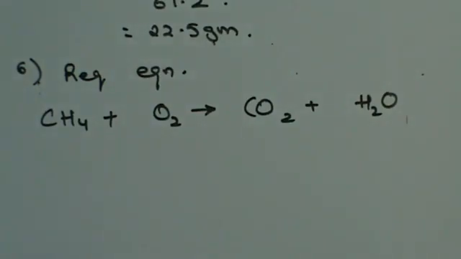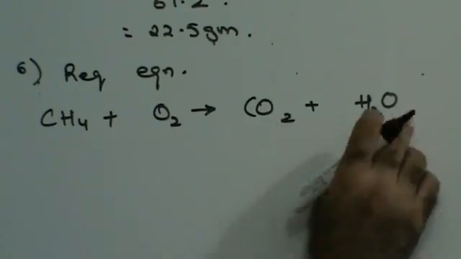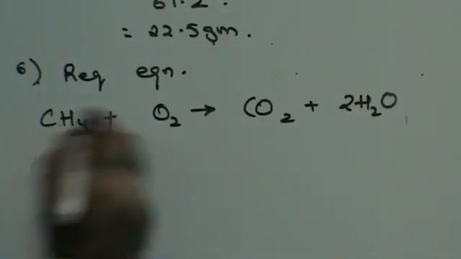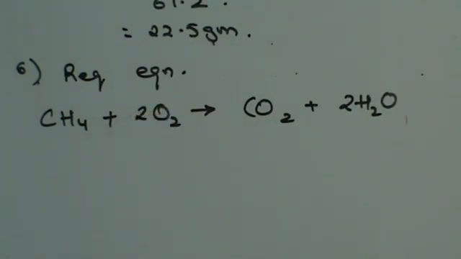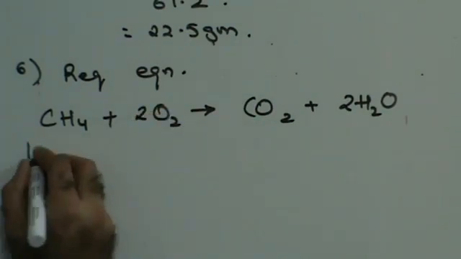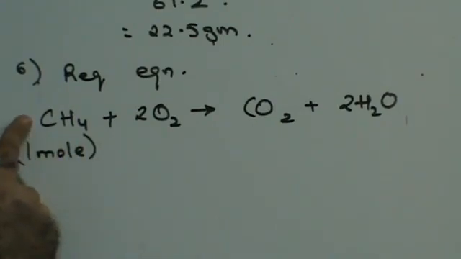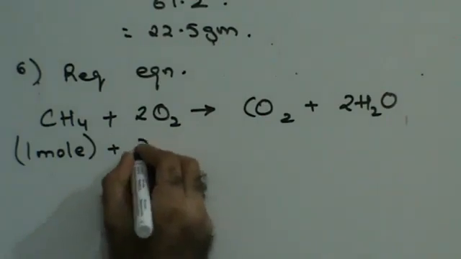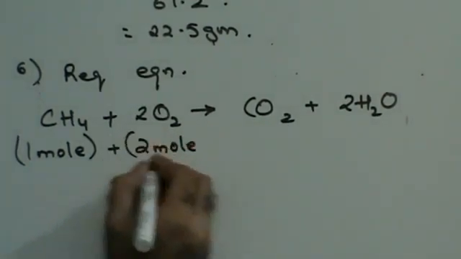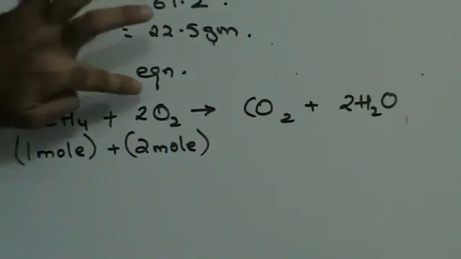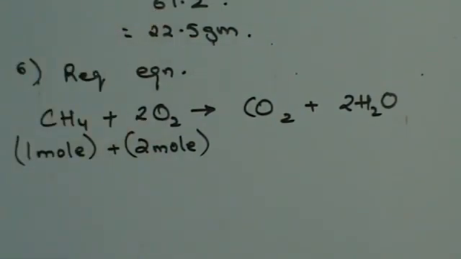Let's balance the equation, guys. Oxygen is 2 and 1, 3, make this as 4. So hydrogen also gets balanced, put 2 here. That means 1 mole of methane is burned by 2 moles of oxygen.